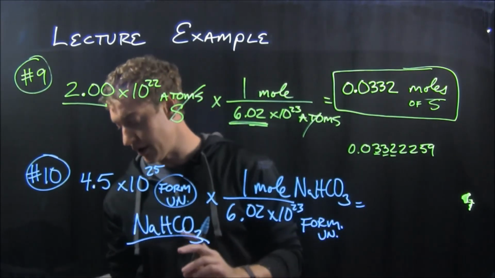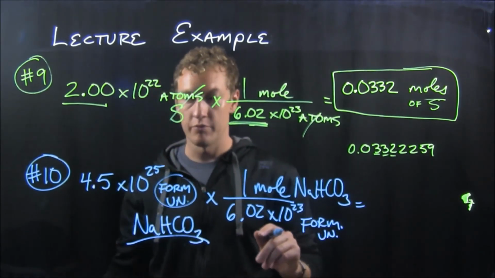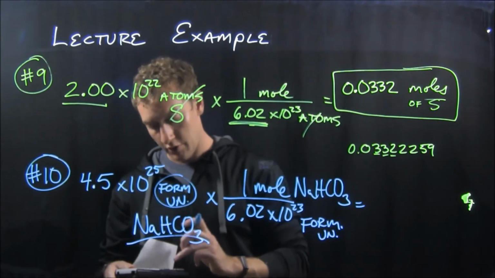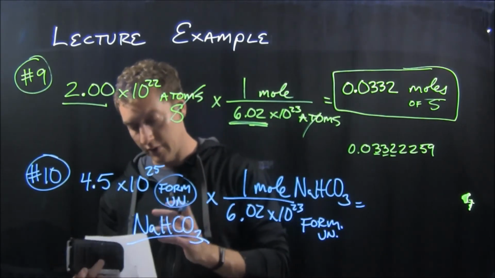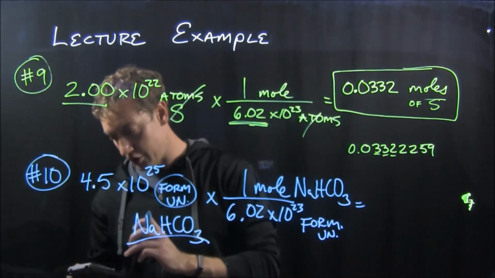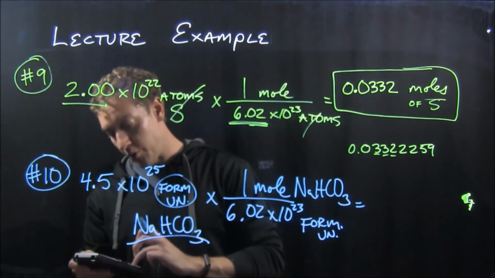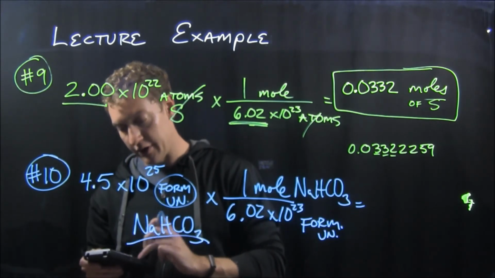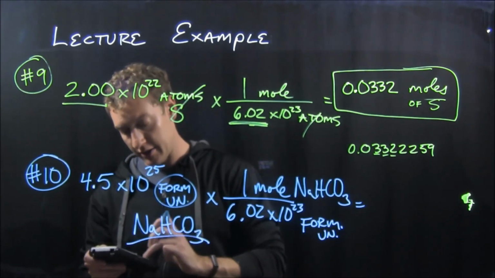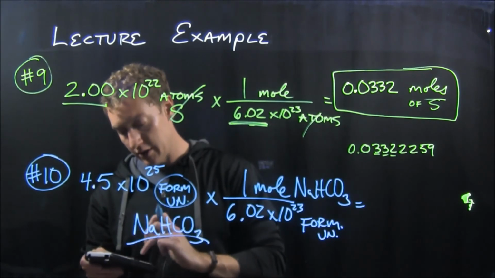Right? Let's punch it in a calculator. 4.5, covered in liquid chalk, 4.5 to the 25th divided by 6.02.